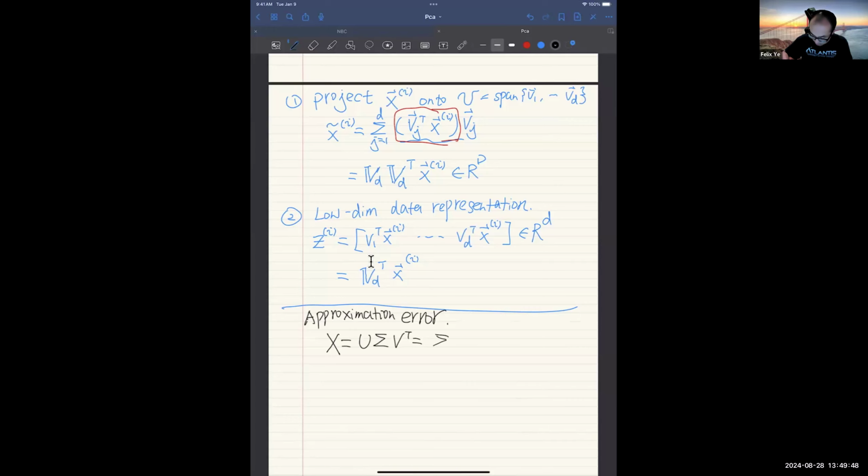It's basically the summation over j from 1 to R of sigma j, Uj, Vj transpose. And sigma 1 is greater than or equal to sigma 2, greater than or equal to sigma R, greater than or equal to 0.